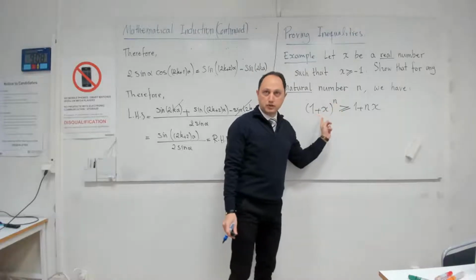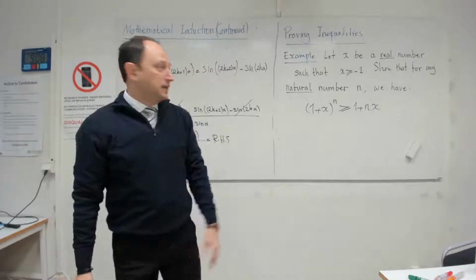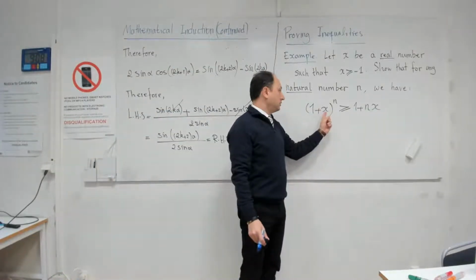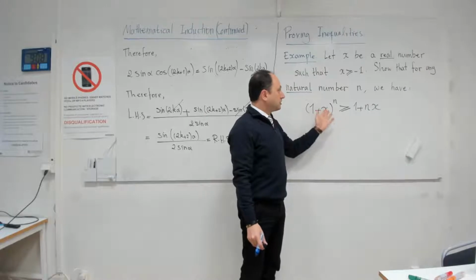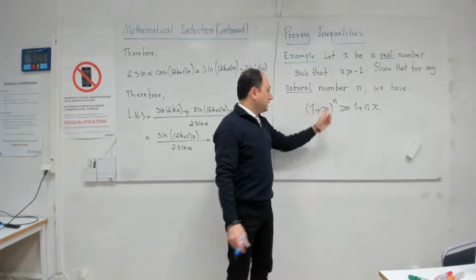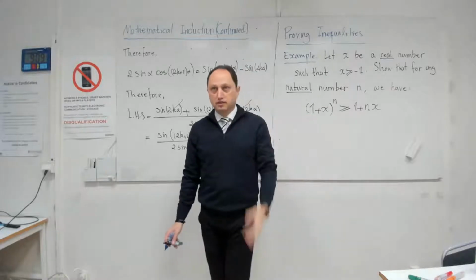I am not allowed to use induction on x, yes? It doesn't mean that this is not valid for natural numbers x. It is valid for natural numbers x as well as real numbers. But you cannot start induction on a variable whose domain is not the set of natural numbers.